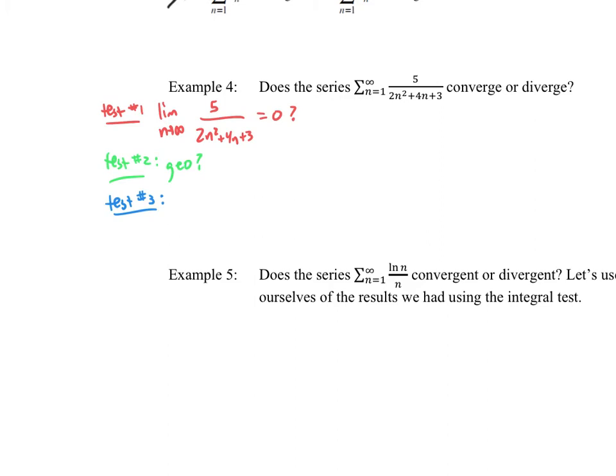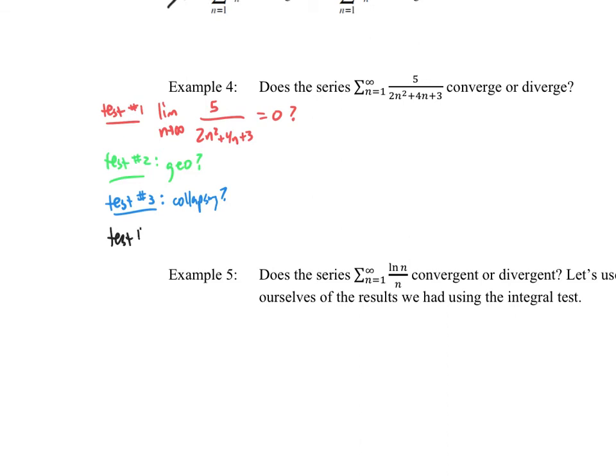It has a number in the numerator and a polynomial in the denominator. The problem is that the polynomial 2n squared plus 4n plus 3 is not factorable. Remember, with collapsing sums, you must have some sort of factorable polynomial. And so really this is not a collapsing or a telescoping sum.